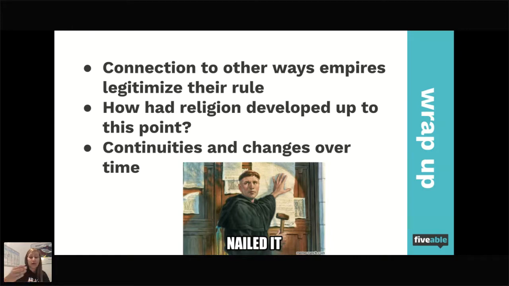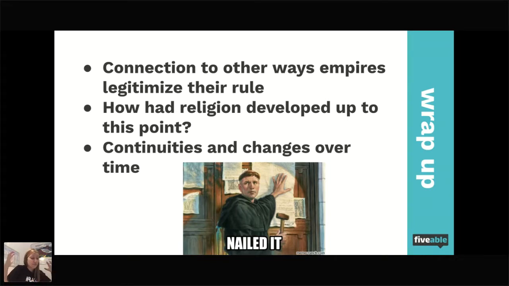Were they always doing one thing, or did they start adopting new practices? That's a good one to do for Mughal India, because Akbar is the outlier. So that marks a change because later descendants of Akbar are not going to be as religiously tolerant. So that's a change over time within that time period, 1450 to 1750.